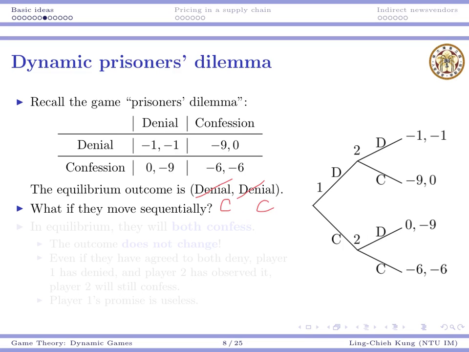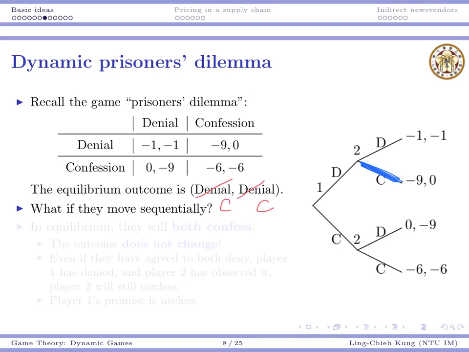Our game tree is here, so let's consider player 2. For player 2, I first think about if I have observed D, what should I do? For D, I get -1 here, I get 0 here. Oh, -1 is worse, so I'm going to choose C in this case.